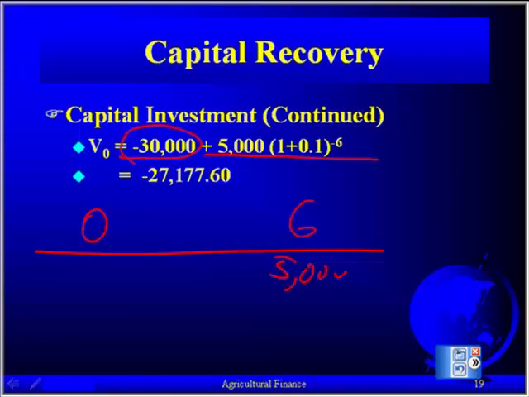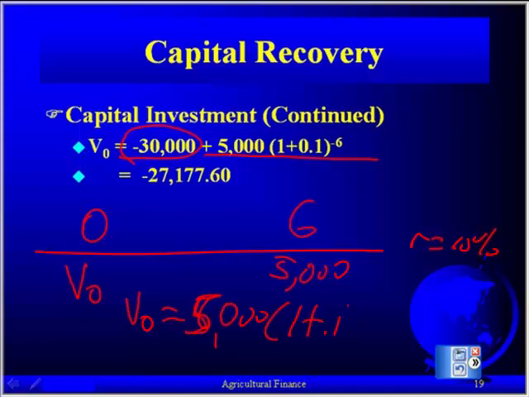We're getting $5,000 at the end of the 6th year, and we want to know how much it is today, and the interest rate is 10%. Then obviously, to solve for that, we would say V naught is equal to 5,000 times 1 plus 0.10, and we discount it back 6 periods.